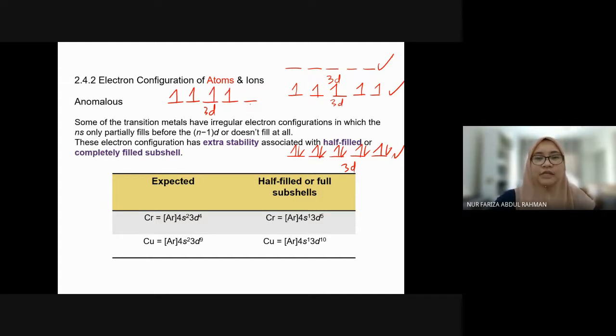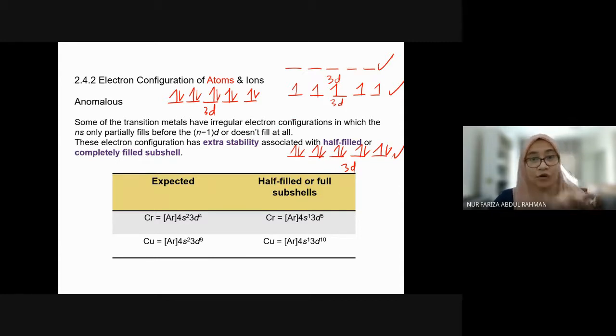This is not stable. Okay, this is stable. So this is already half filled. But this one is not stable again, unstable, unstable. And this one is stable. It is already full filled. So we have to consider this extra stability of the orbital.